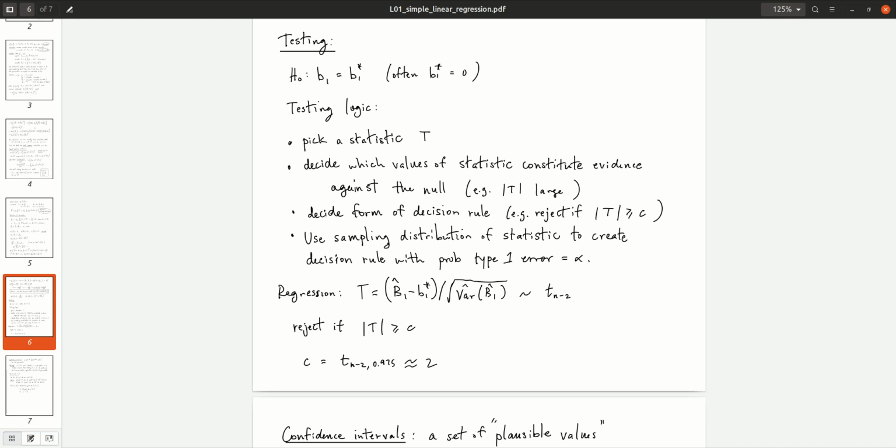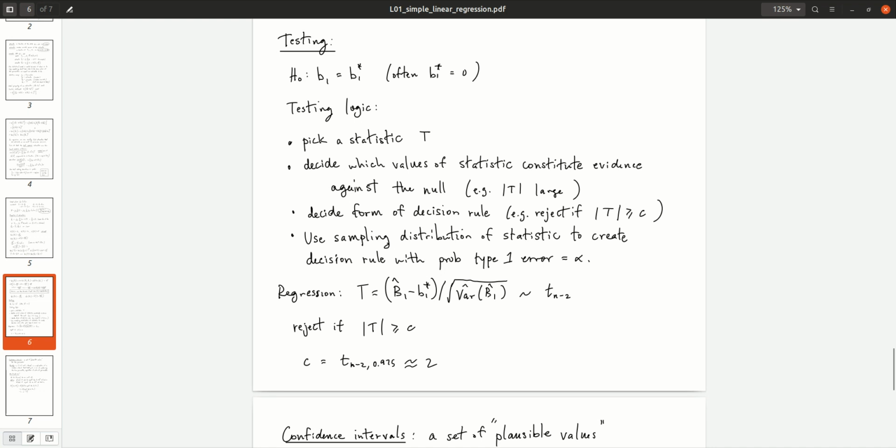So for example, if we picked a null hypothesis B1 equals 0 here, and our statistic was the estimate of that parameter, so little b1 hat, then we would say we have evidence against the null hypothesis if the absolute value of b1 hat is large. So if the estimate is far away from the hypothesized value, then that constitutes evidence against the null hypothesis.